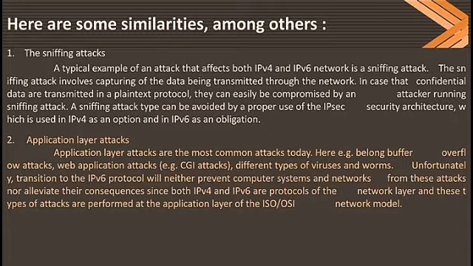Unfortunately, transition to the IPv6 protocol will neither prevent computer systems and networks from these attacks nor alleviate their consequences, since both IPv4 and IPv6 are network layer protocols, and this type of attack is performed at the application layer of the ISO OSI network model.